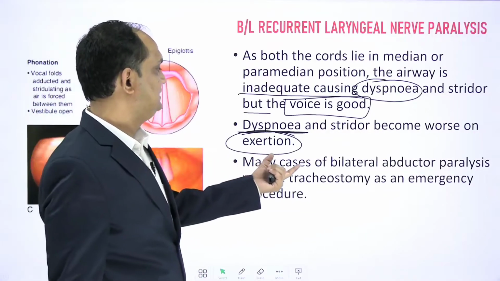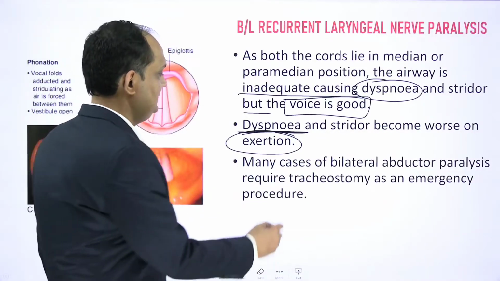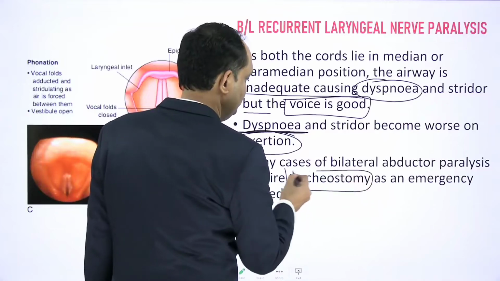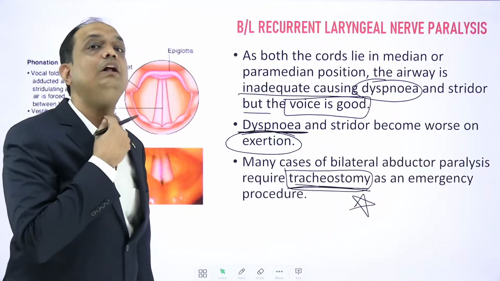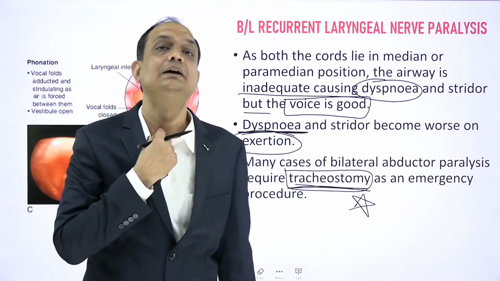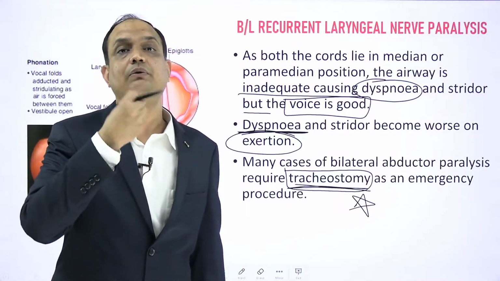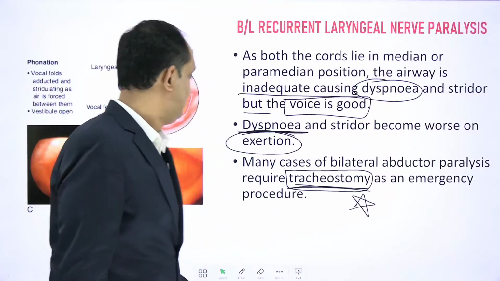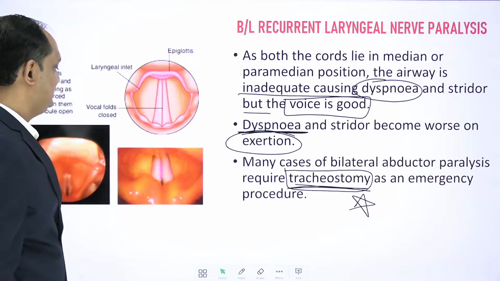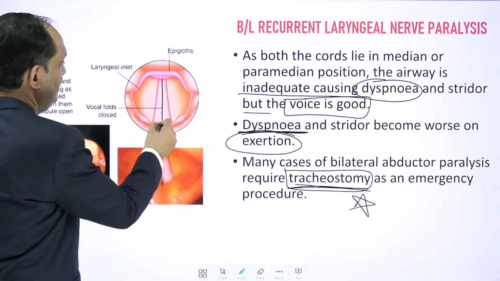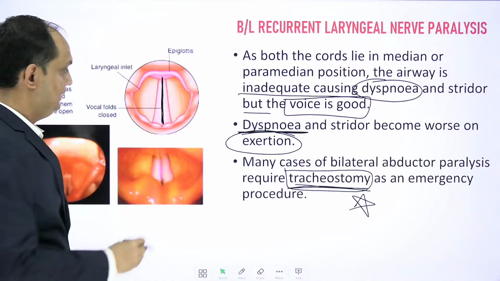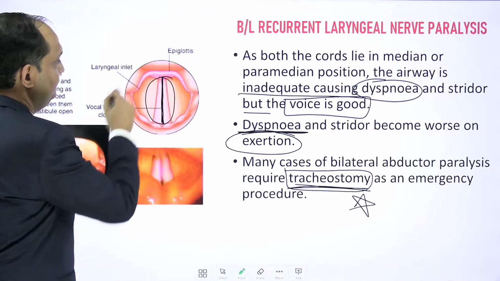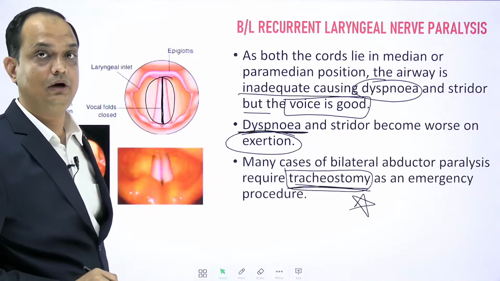In many cases, bilateral abductor palsy may require tracheostomy as an emergency procedure. This is the important thing, because now you have to create a hole in the trachea directly for adequate entry of air. Then in this diagram you can see that sometimes, if there is a median position of the vocal folds, there is no opening available for the air to enter through the glottis.